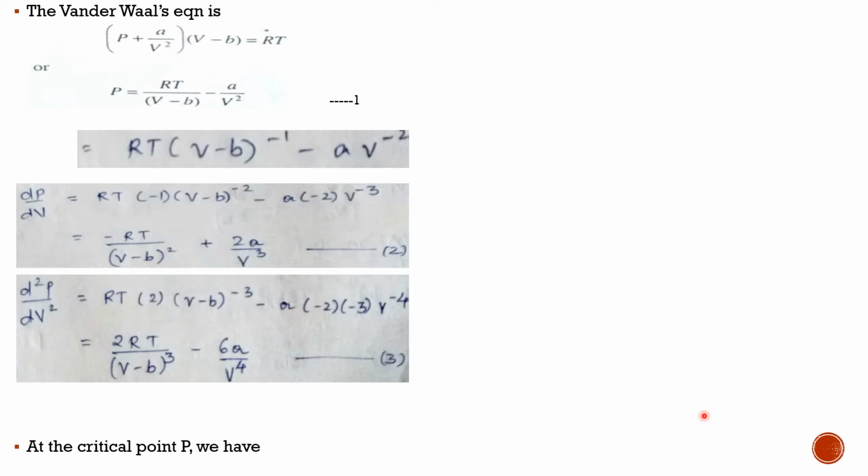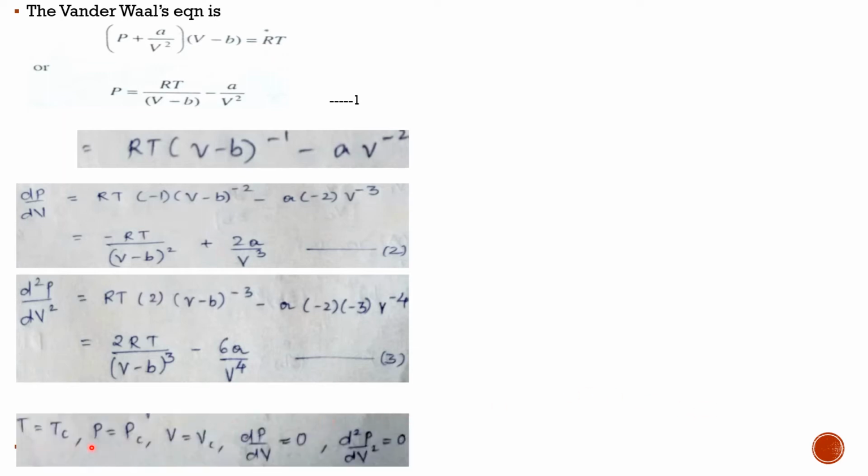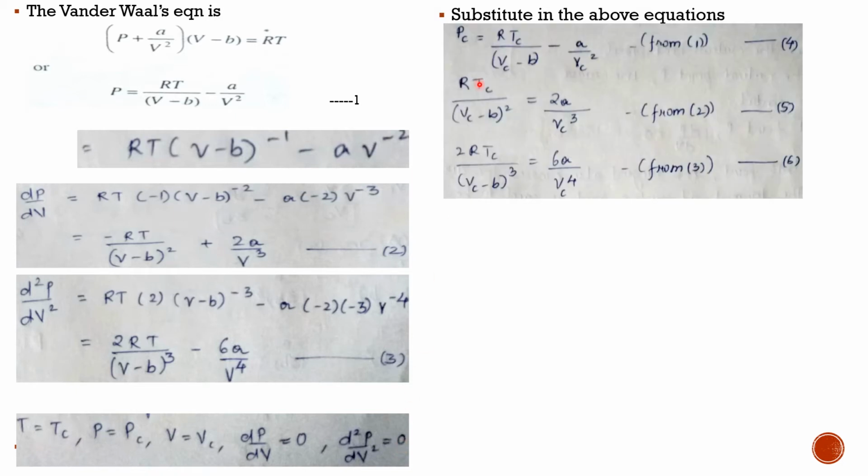At the critical point, we have T is equal to Tc, the critical temperature, P is equal to Pc, the critical pressure, V is equal to Vc, the critical volume, dP by dV is 0 and d square P by dV square is equal to 0. So we'll use this. Hence equation 1 will become Pc is equal to RTc upon (Vc minus b) minus a by Vc square.